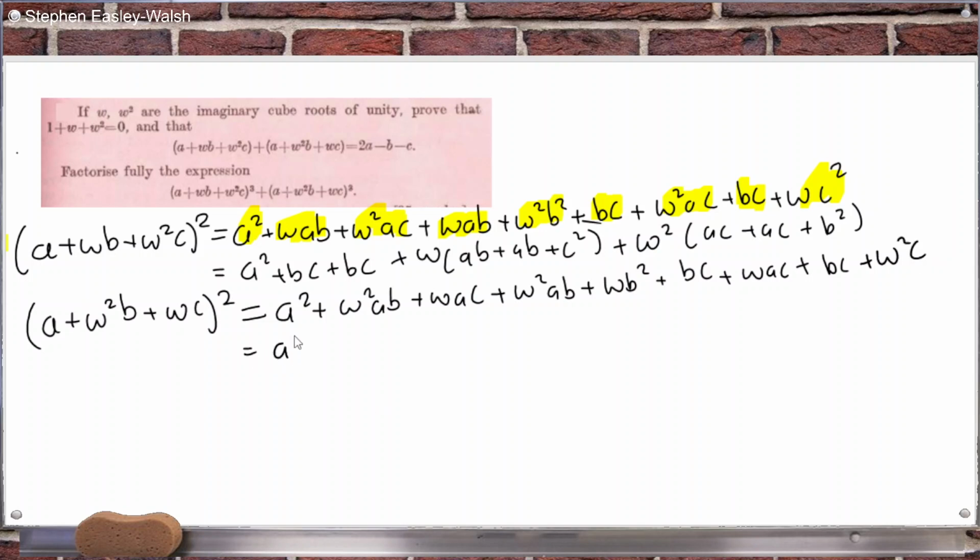So that would be a squared plus bc plus bc plus omega ac plus ac, omega ac, omega ac. There should be a third omega ac. Oh, b squared there. Plus omega squared ab plus ab, plus, now that should have been a c squared, shouldn't it? C squared.